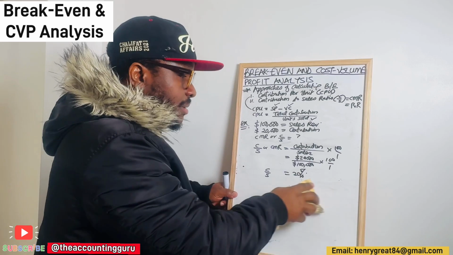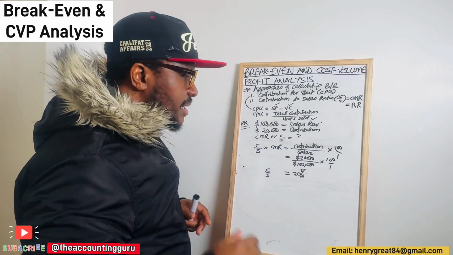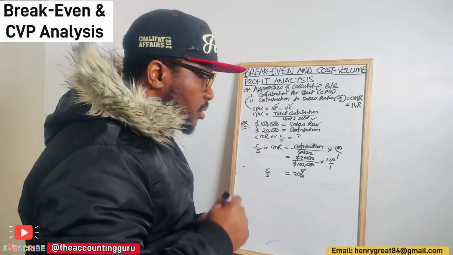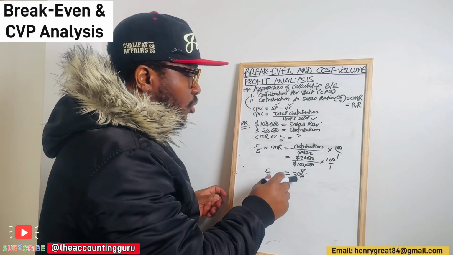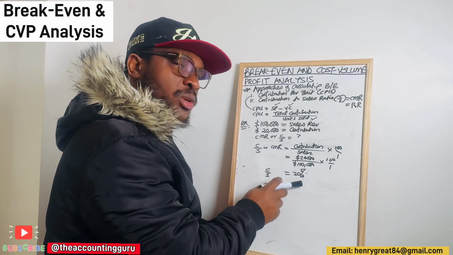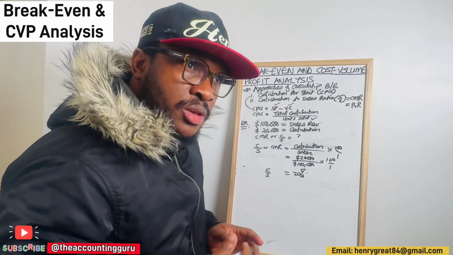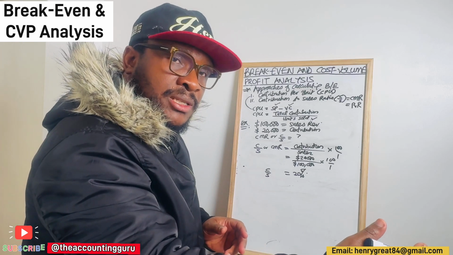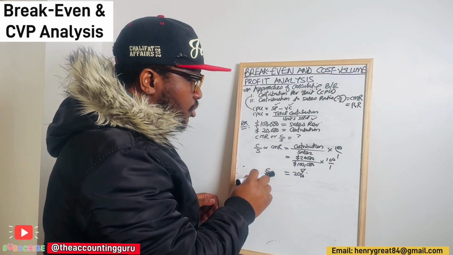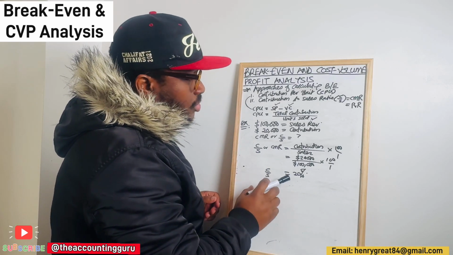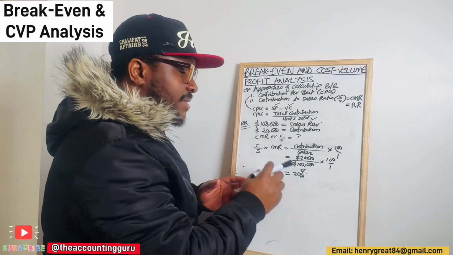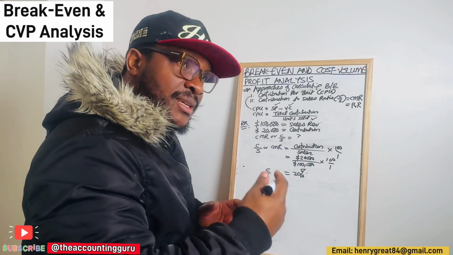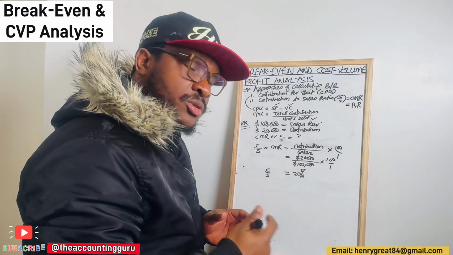So this is how we calculate CMR. This is how CMR or C over S is calculated. Okay, so if contribution to sales ratio is 20%, who can tell me what the remaining 80% represents? All right, if contribution is taking 20% of sales, what is taking the remaining 80% of sales?